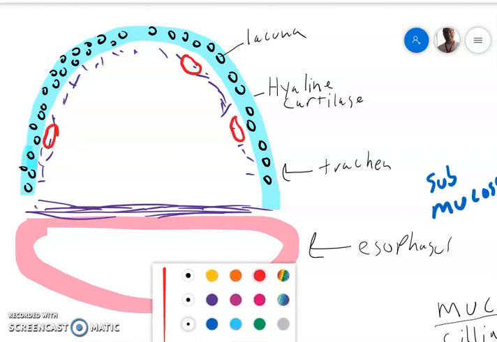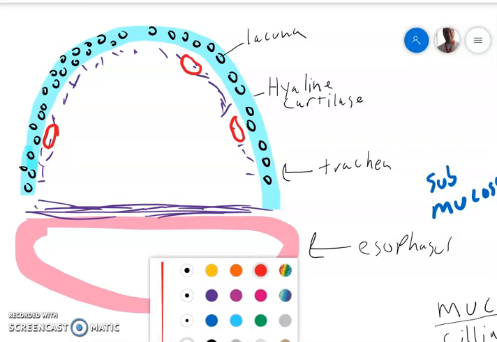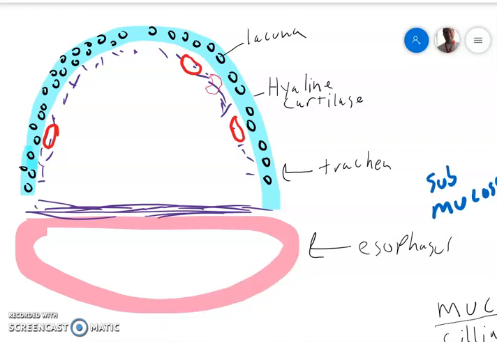And then some amorphic veins with a thin muscularis. So, artery, vein. Now there are some submucosal glands, so let's just draw in a couple submucosal glands. Yes, I like the glitter pen, I don't know why.